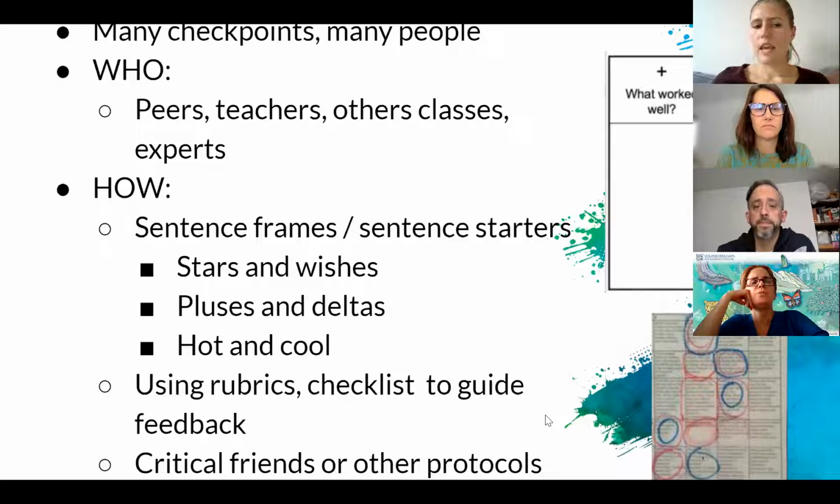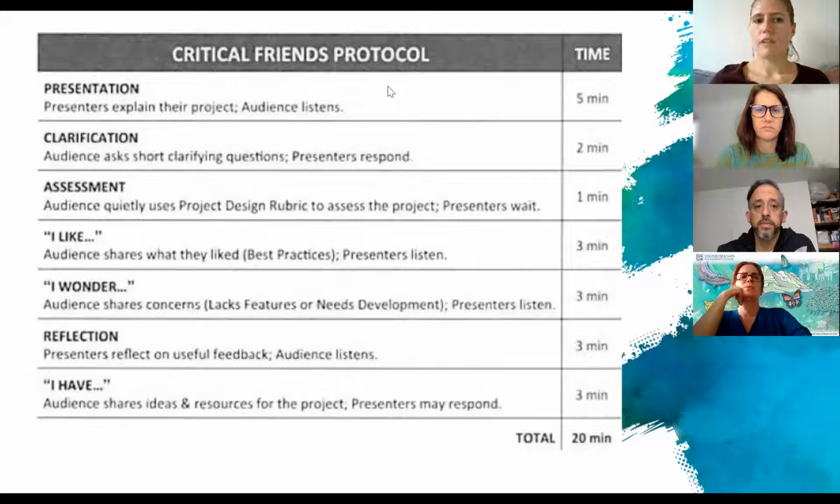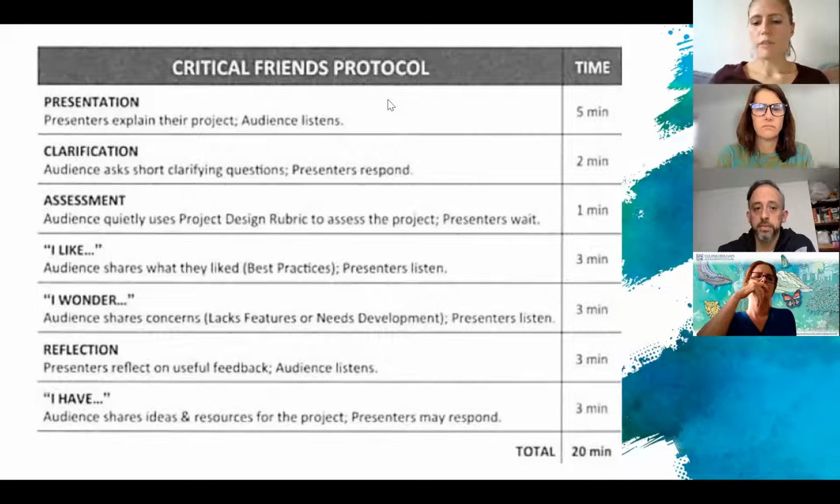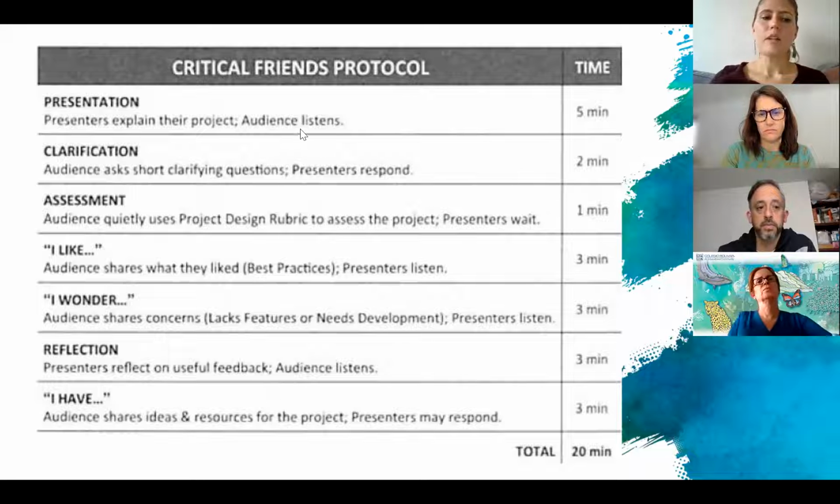Critical Friends at the K through 5 level is something that you would have to practice with students. I've left that for you here, but this is a fairly well-researched protocol. You'd have to go over it with your students, and we won't have time to really get into the nuts and bolts of how to do it today, but you have students in different roles. You have your timekeeper.